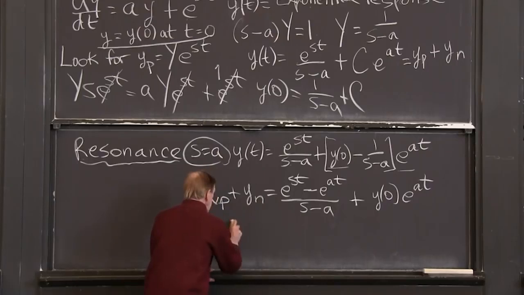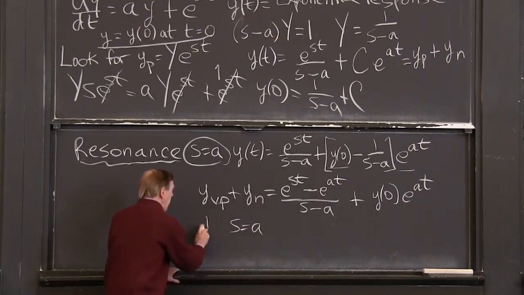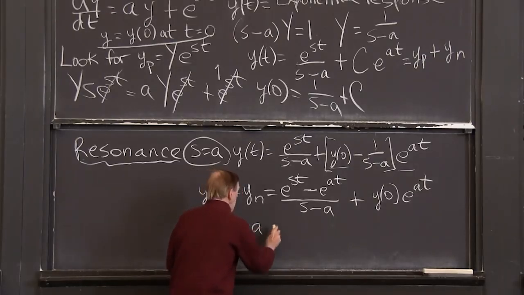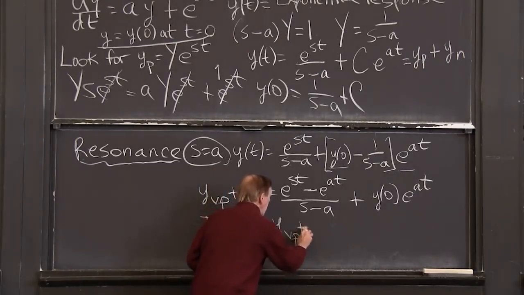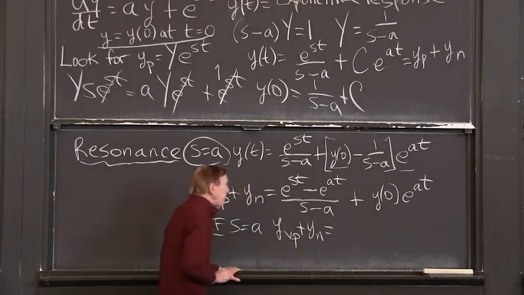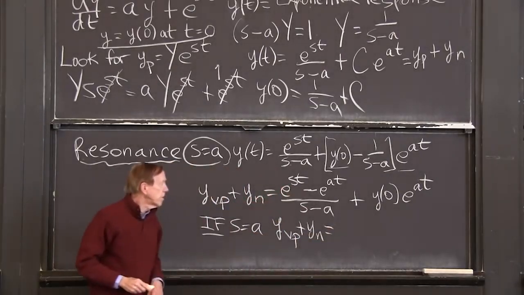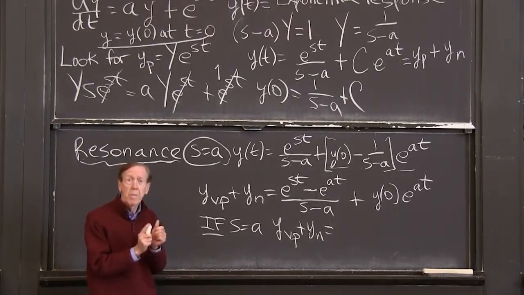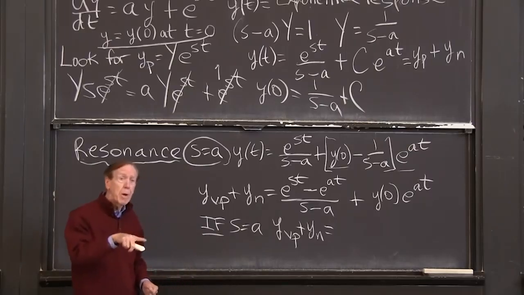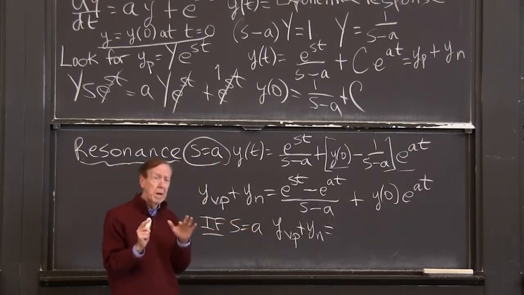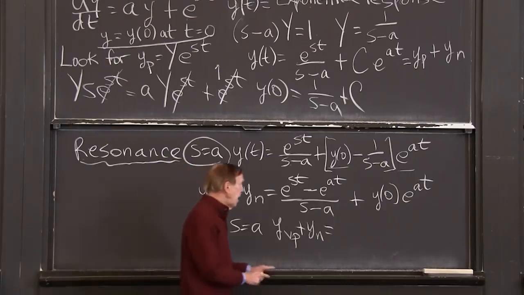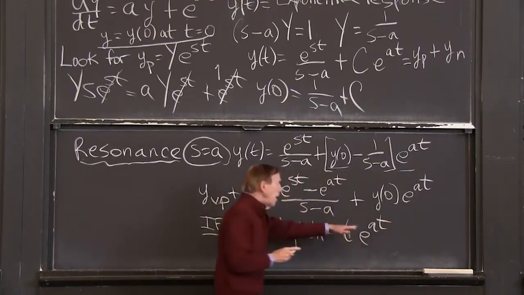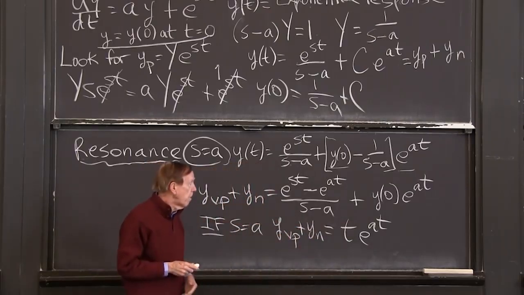So this is the case s equal a. So if s equal a, then y is the very particular solution plus y null space. It's this very particular solution that has to have a different form. And here's the form it gets. A factor t appears. You just learn to recognize resonance by that factor t. So it'll be a t e to the at. A is the same as s now, so s doesn't appear.